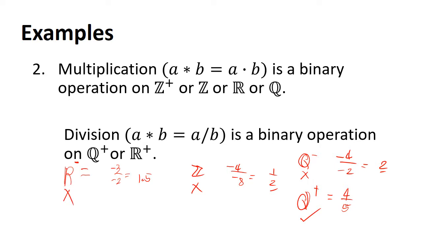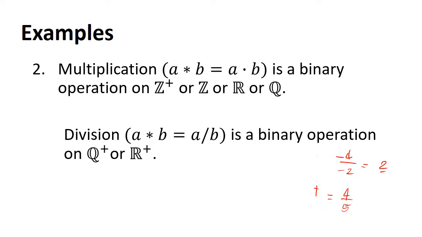So it does not belong to the negative real numbers, and thus division is not a binary operation on the set of negative real numbers. Thus, conclusion, division is a binary operation on the set of positive rational numbers and the positive real numbers only.